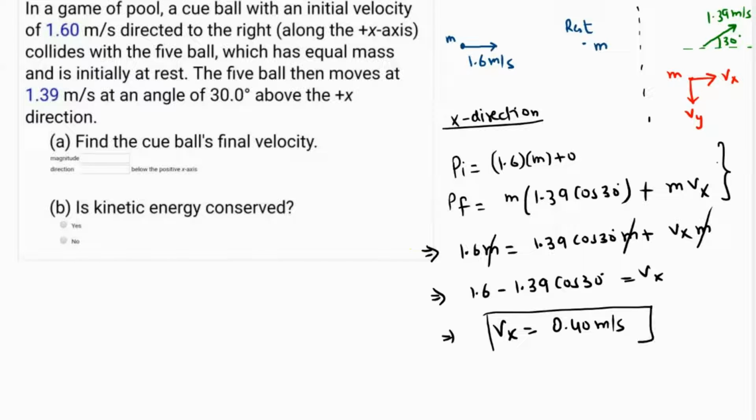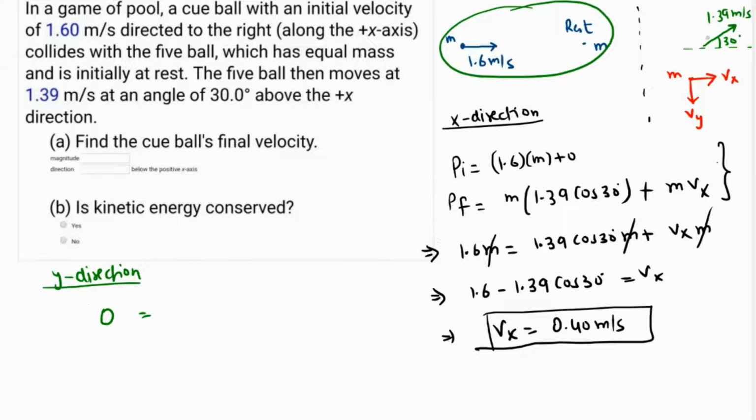When we talk about its velocity towards the y direction, we'll conserve the momentum in the y direction. In the y direction, the initial momentum is 0 because there is no velocity towards the y direction, and the final momentum is going to be its component towards the positive y direction, which is the sine component.